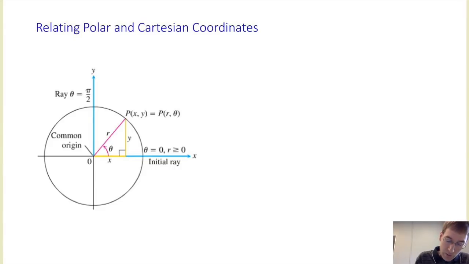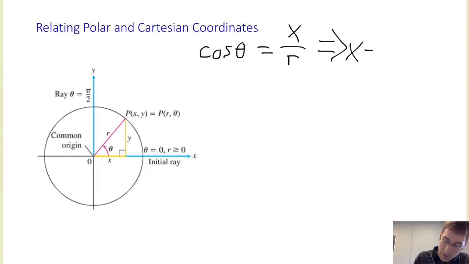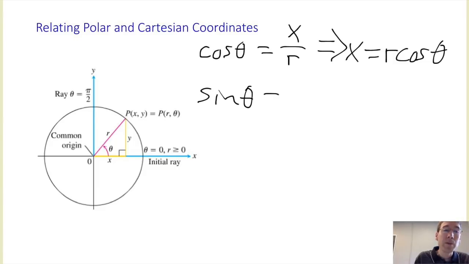The first is cosine theta equals adjacent over hypotenuse, or x over r, meaning x equals r cosine theta. Next, sine of theta equals opposite over hypotenuse, or y over r, which means y equals r sine of theta.